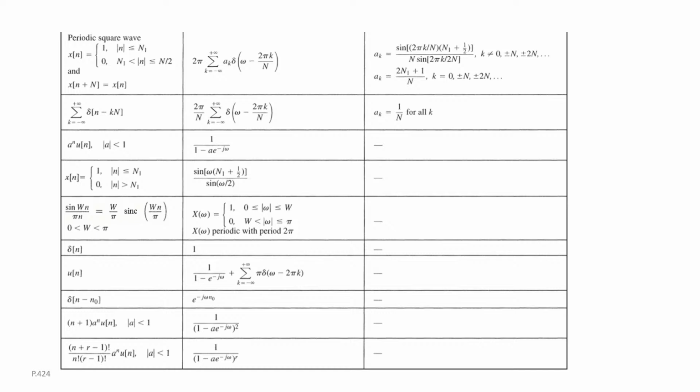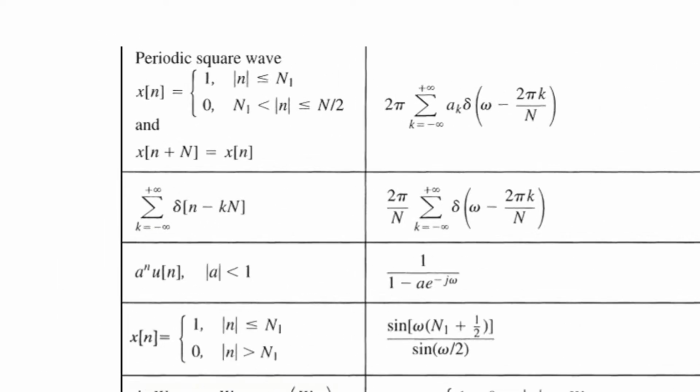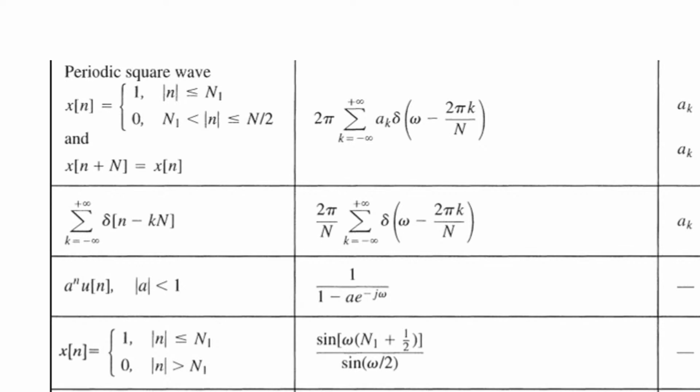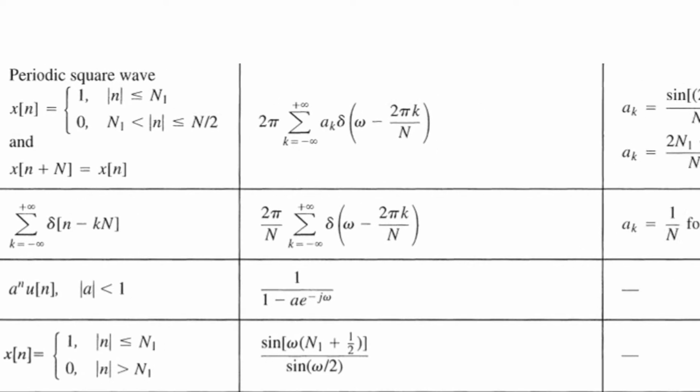Now, oh sorry, we are still in our divergent case. The periodic square wave is once again still periodic.